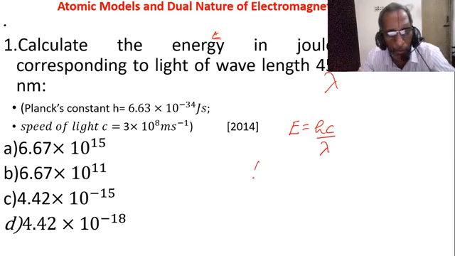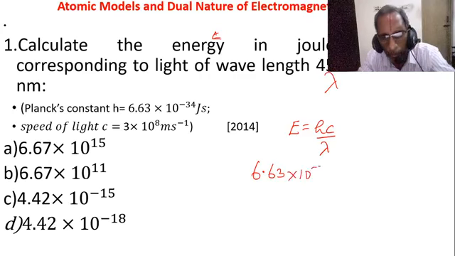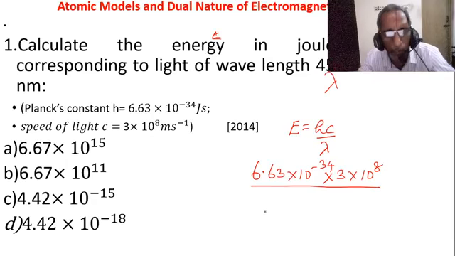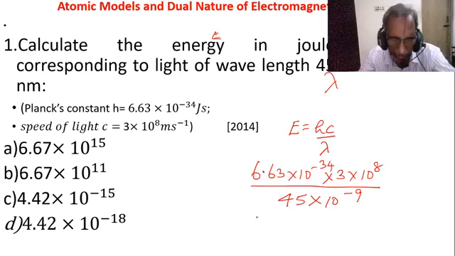H, Planck's constant, is given as 6.63 into 10 power minus 34, C is also given, 3 into 10 power 8, divided by lambda, given as 45 nanometer. Nanometer means into 10 power minus 9 meter.